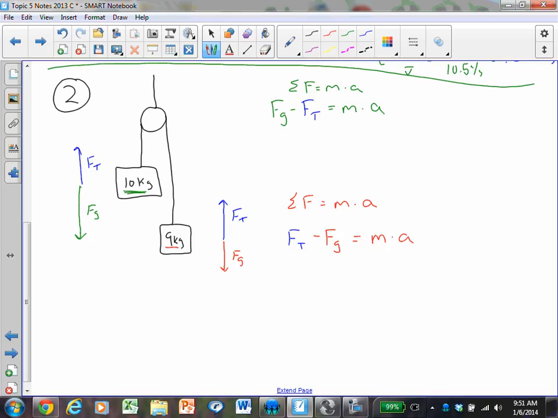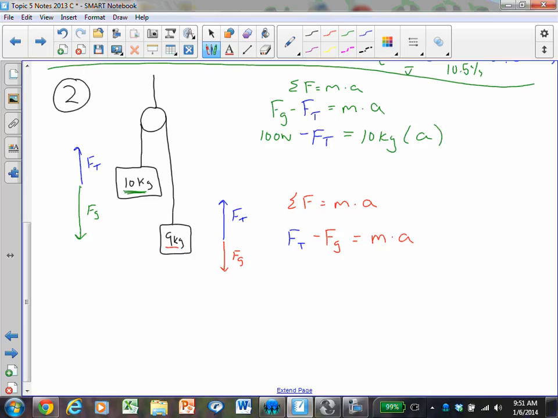Now we just plug in what we know. Well, if our mass is 10, what's our Fg? 100 newtons. We don't know Ft yet. But that's the mass that's accelerating, which is what? 10 kilograms, right? We don't know the acceleration.